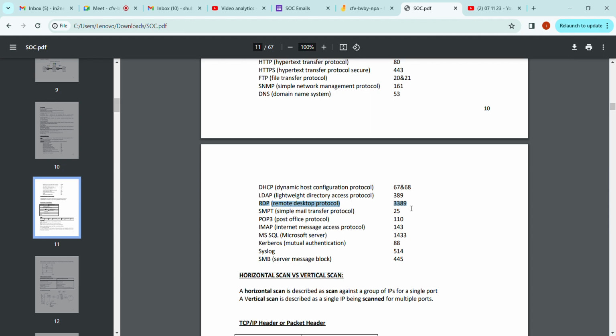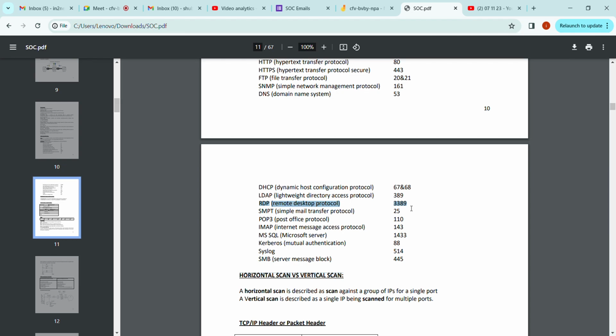Now if you don't have anything related to connecting to RDP, that means a user doesn't need any RDP services. But still, if this port is open, an open port can have a vulnerability, and that could give an entry to the attacker.